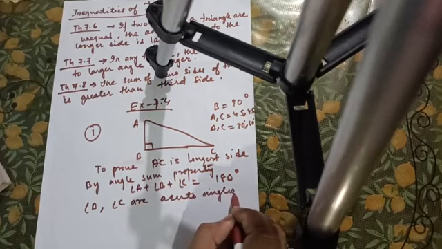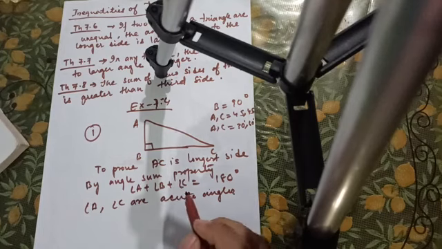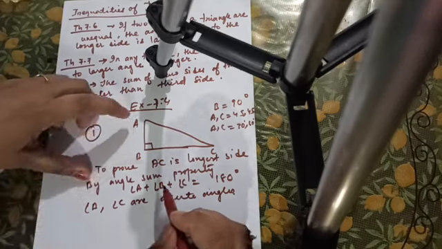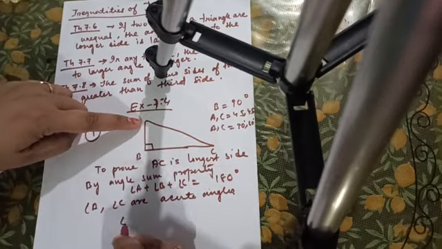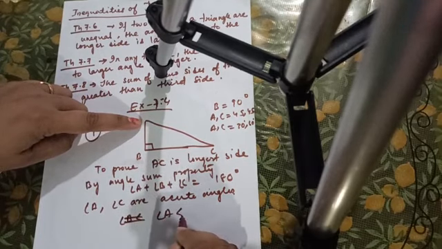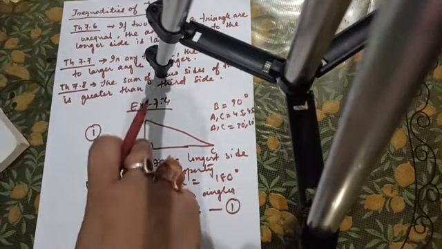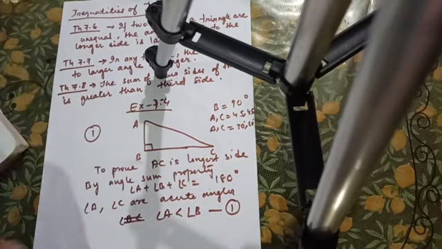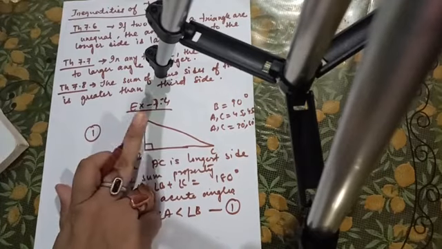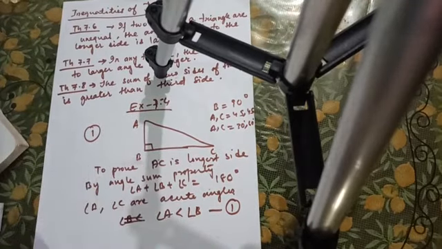Let us consider that angle A and angle C are acute angles. Now that means this angle is less than angle B, because B is the highest angle, that is 90 degrees. The other angles can be 45, or 30 and 60, or 60 and 30. So what I am writing is angle A is less than angle B.